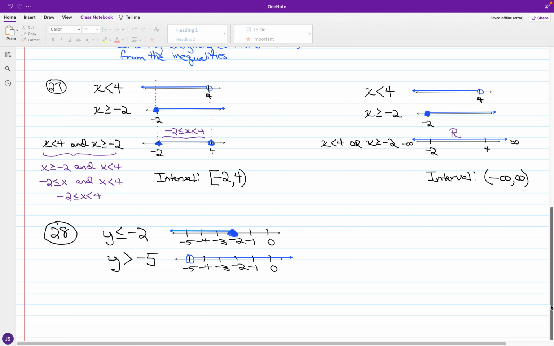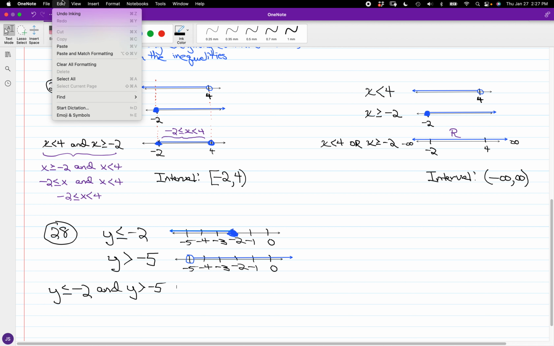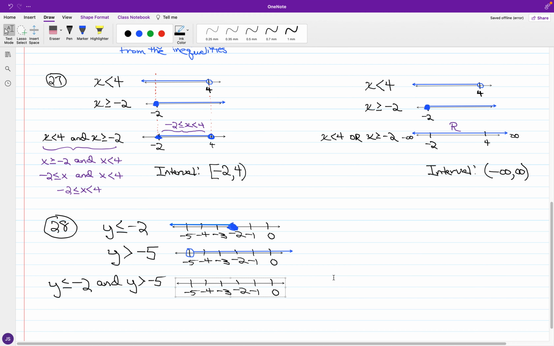All right. And again, we have with combining the terms, we have y is less than or equal to -2 and y is greater than -5. Again, looking at the values that will be shared in common.